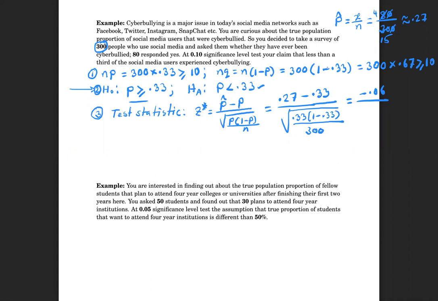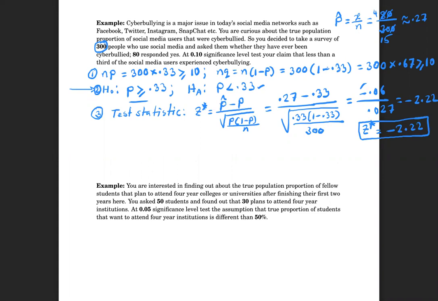So 0.06 divided by 0.027 gives me, with the negative, minus 2.22. So your test statistic, Z star, is actually negative 2.22.